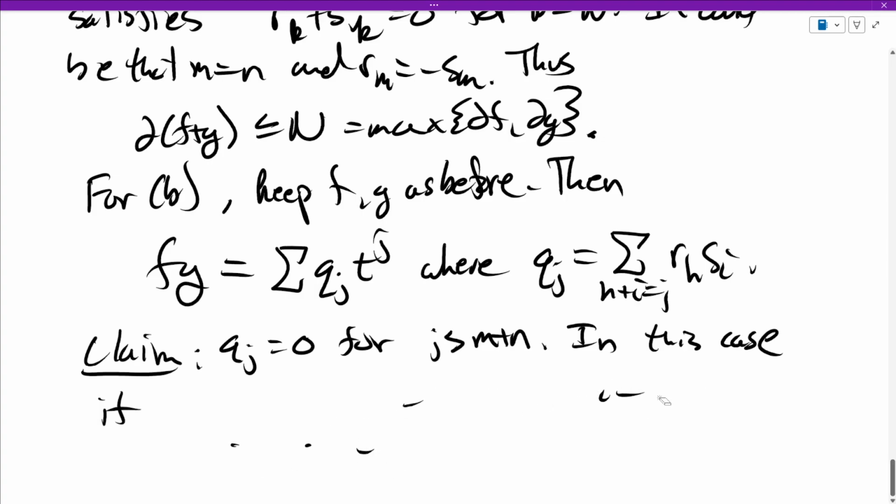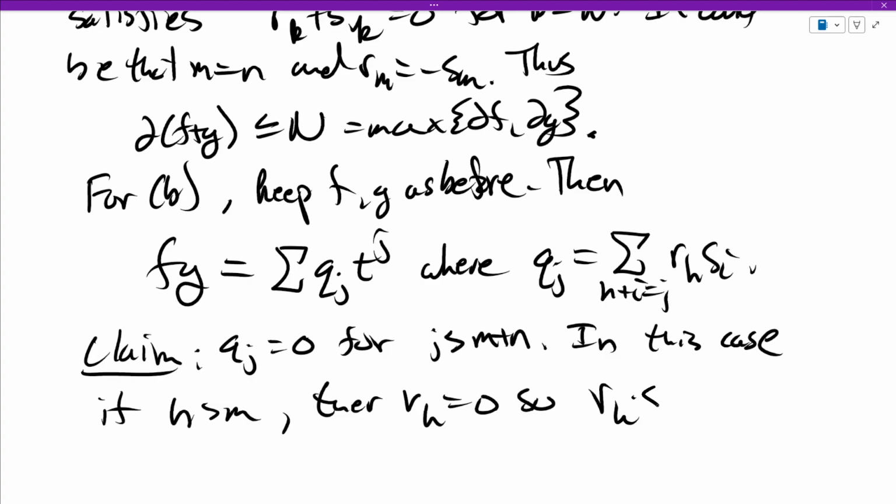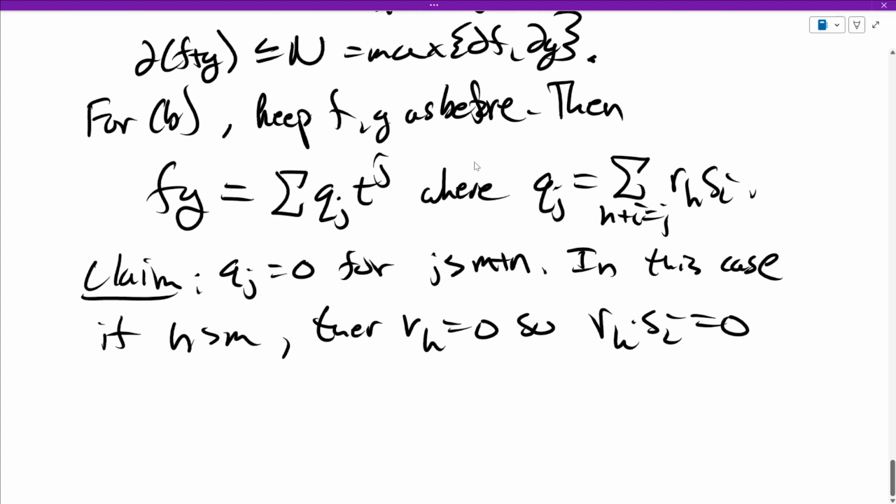Let me just back up a second. I do want to say if h is bigger than m, then R_h is 0. So R_h times S_i is 0. So for all the indices where h exceeds m, the contribution in the sum is 0.